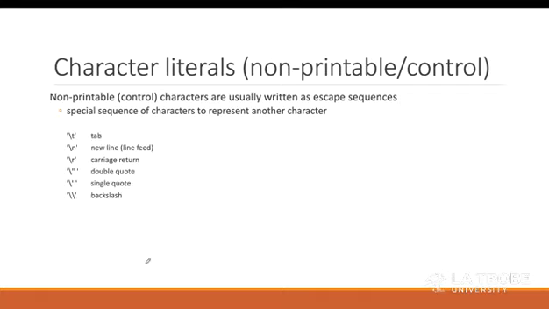Here are a few examples. If you want to show a tab in your program, it's \t. If you want to show a new line in your program, it's \n. So you need an escape sequence to represent another character.